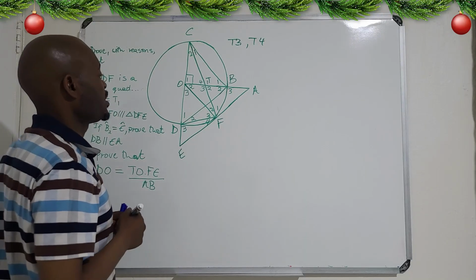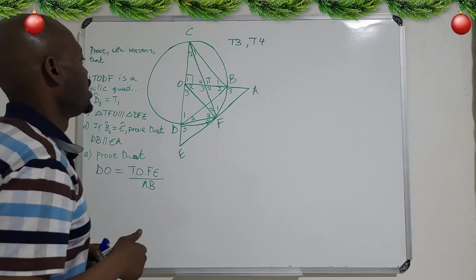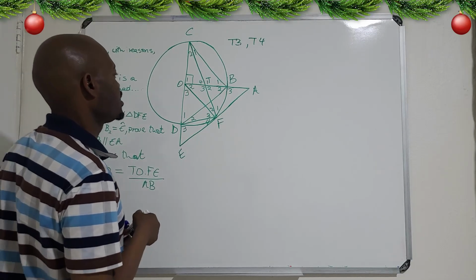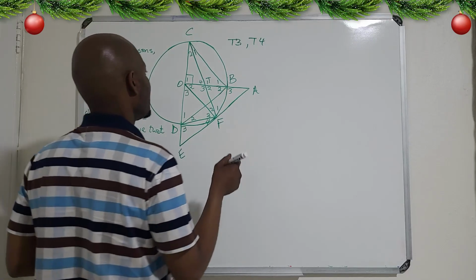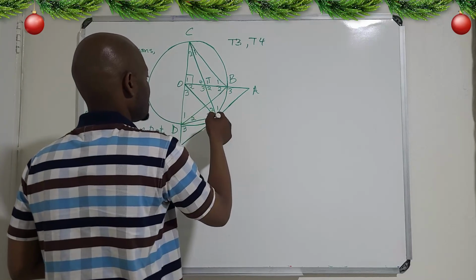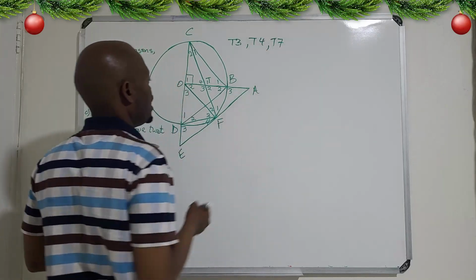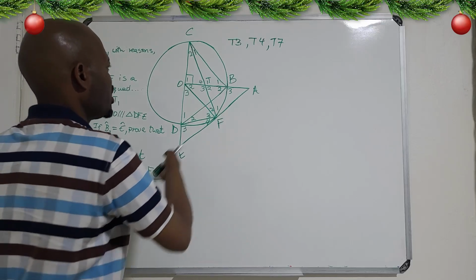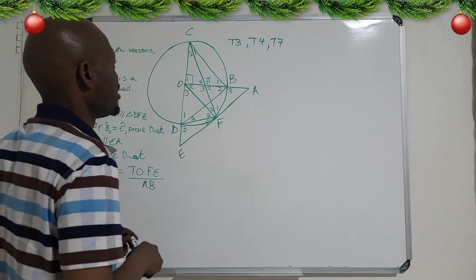Now, theorem number 5 and 6, we said they're out because they didn't talk about cyclic quads here. Theorem number 7, a radius perpendicular to the tangent at the point of contact. Yes, it is there. There's your radius going to be perpendicular to the tangent. Therefore, T7. No tangents from the same point. You only have one tangent. If there were 2 tangents, then we'd talk about theorem number 8.